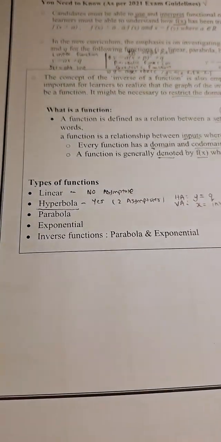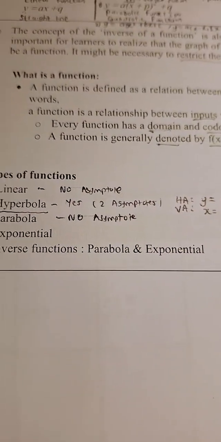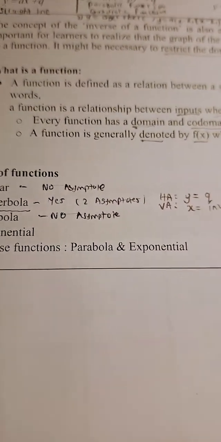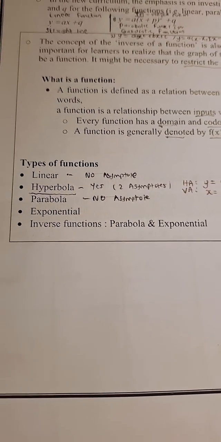Parabola, does it have an asymptote? The answer is no asymptote exists for a parabola. The sad and the happy face don't have an asymptote. So parabola has no asymptote. Exponential, yes.